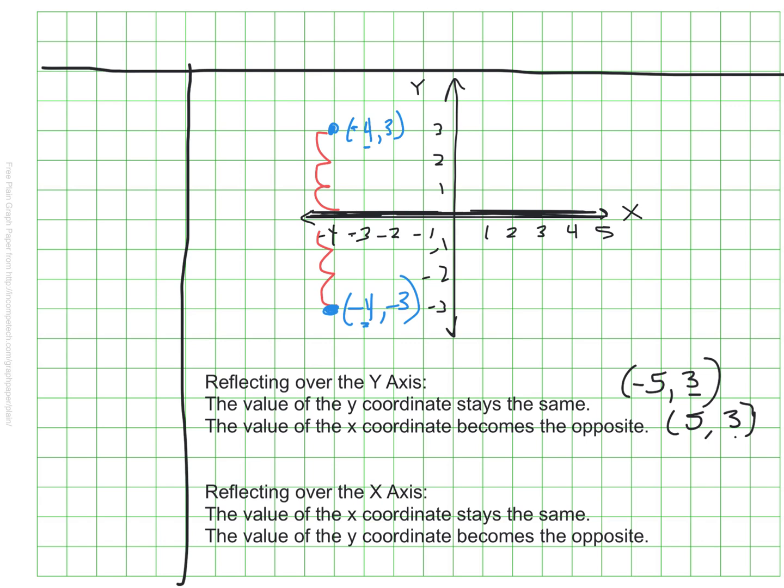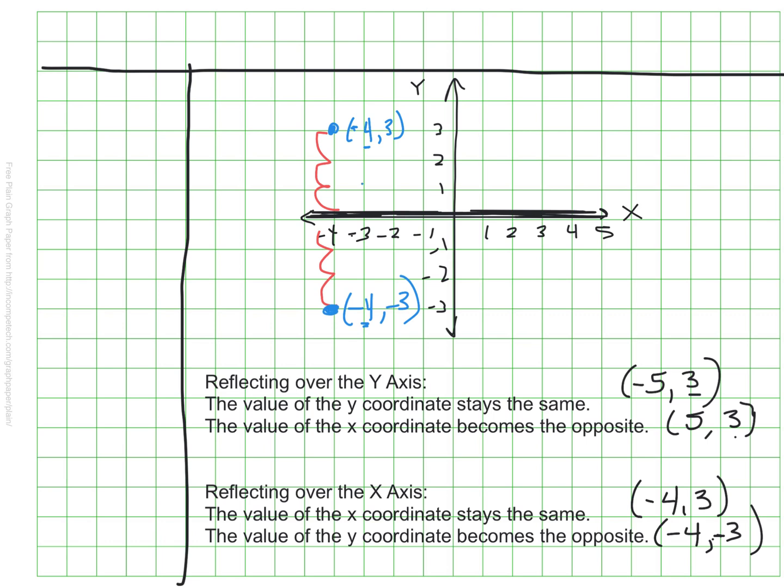And again, as you can see right above here, in this example, when we reflected over the x-axis, we had -4, 3, and it became -4, -3. The -4, the x-coordinate value, stayed the same, but the 3 became -3. It became its opposite.